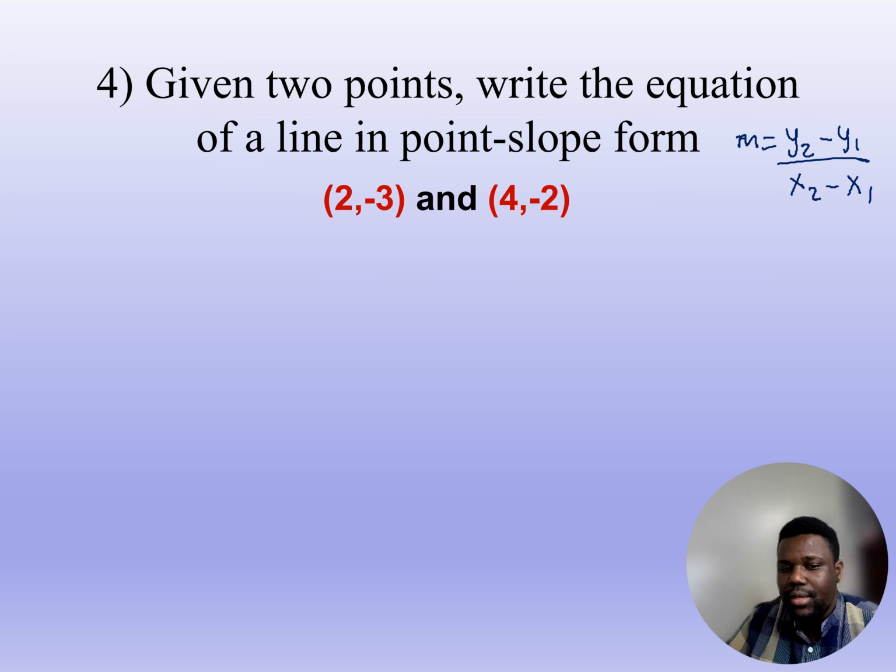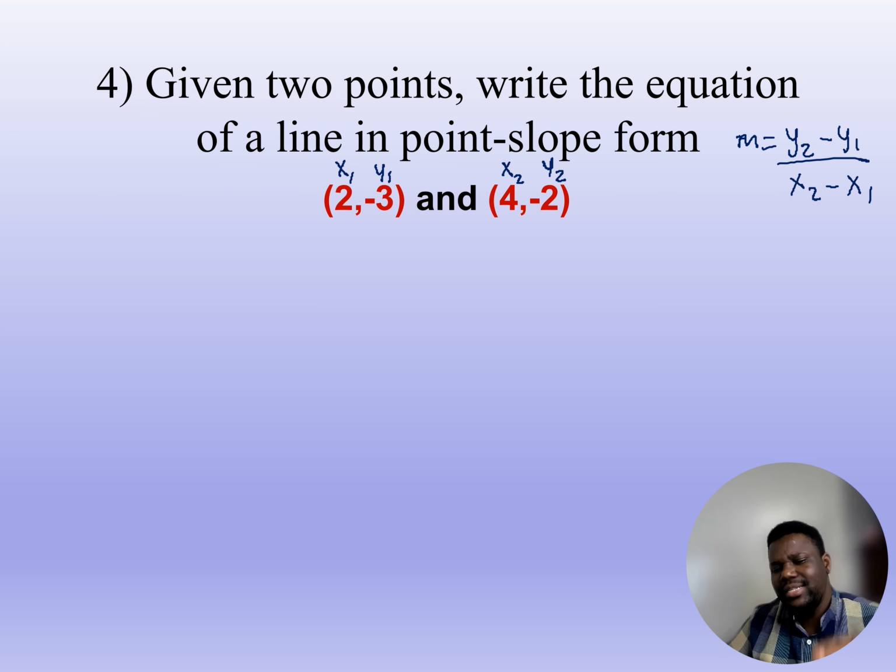Now, our first point, the 2 will be our x1, the negative 3 will be our y1, and then the 4 would be our x2. This is just saying our second x value. So the 2 was our first x value, now the 4 is our second x value, the negative 3 was our first y value, and now the negative 2 will be our second y value.